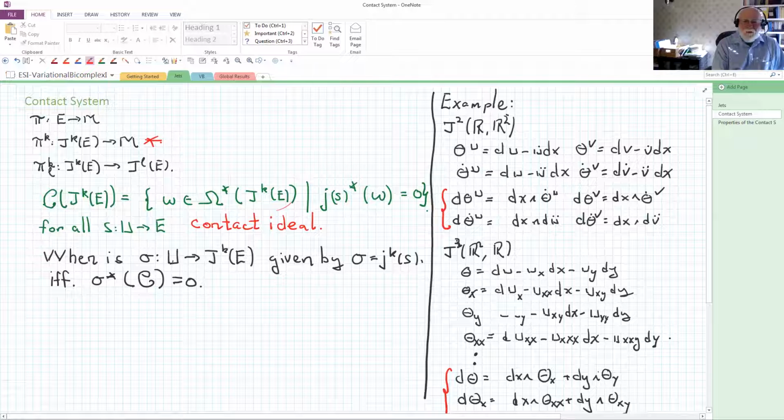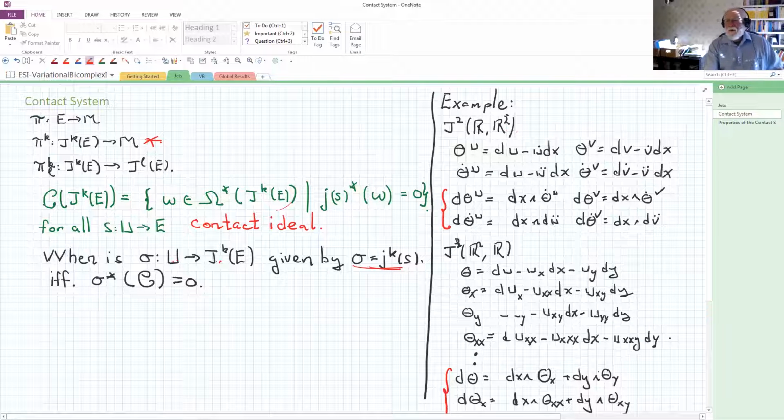If we have an arbitrary map from a neighborhood of M into our jet space, then that section in the jet space can be written as the lift of a section of E if and only if the contact system is annihilated.